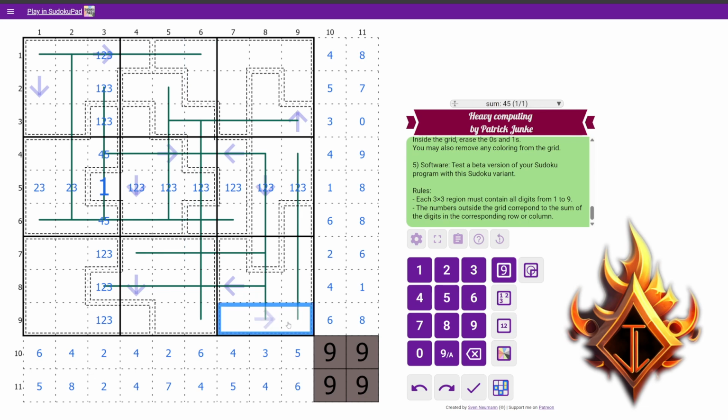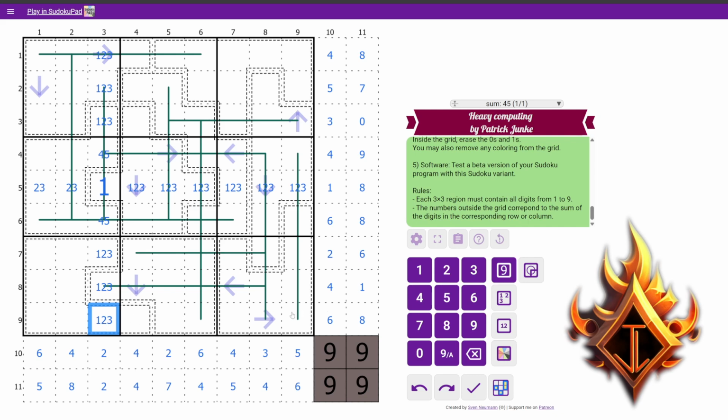If I had 789 here, 789 here, that would be 48 plus 17, that is 65, and that would have to be 3.